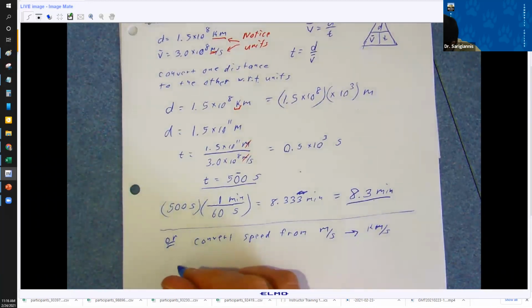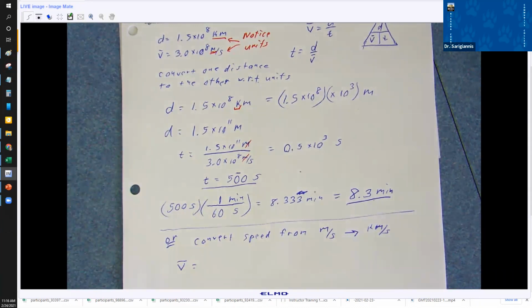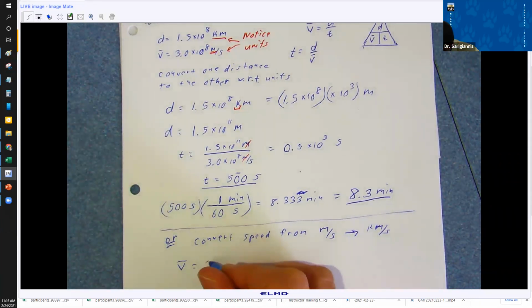So that means that V bar here, let's see, what do I have? 3.0 times 10 to the 8th meters per second.